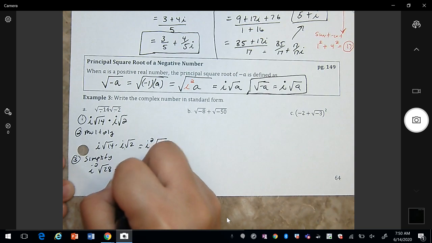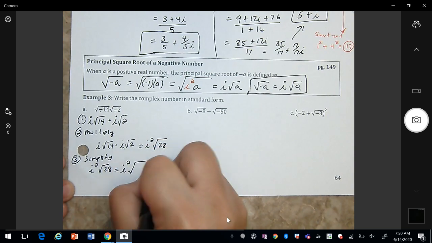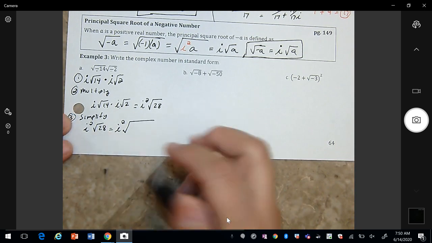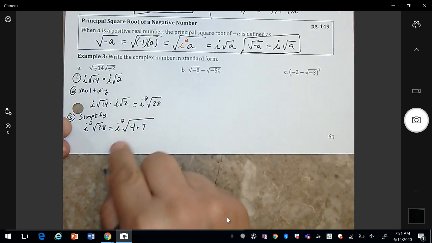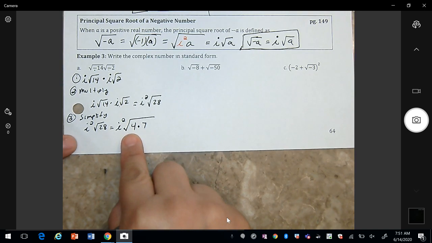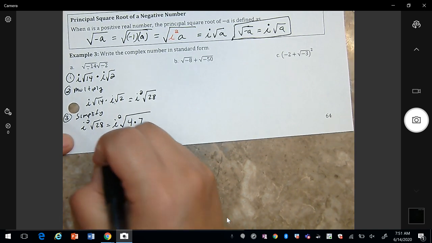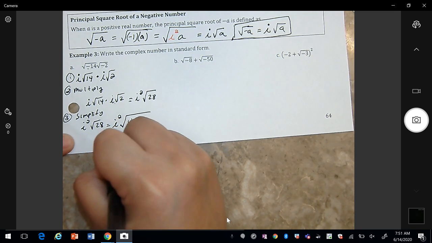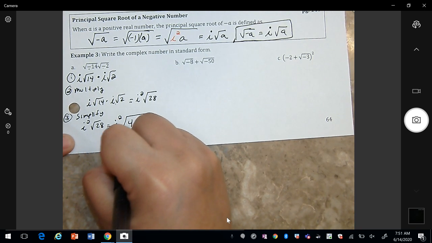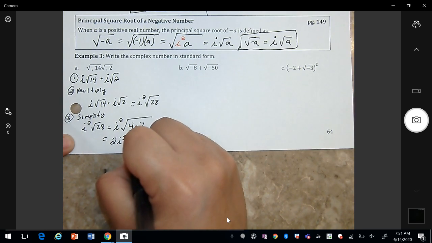You want to find a perfect square for this 28. So for example, a perfect square would be 4 times 7. 4 is perfect. We can take the square root of 4. And so the square root of 4 is 2, i squared, and 7 stays inside the square root.